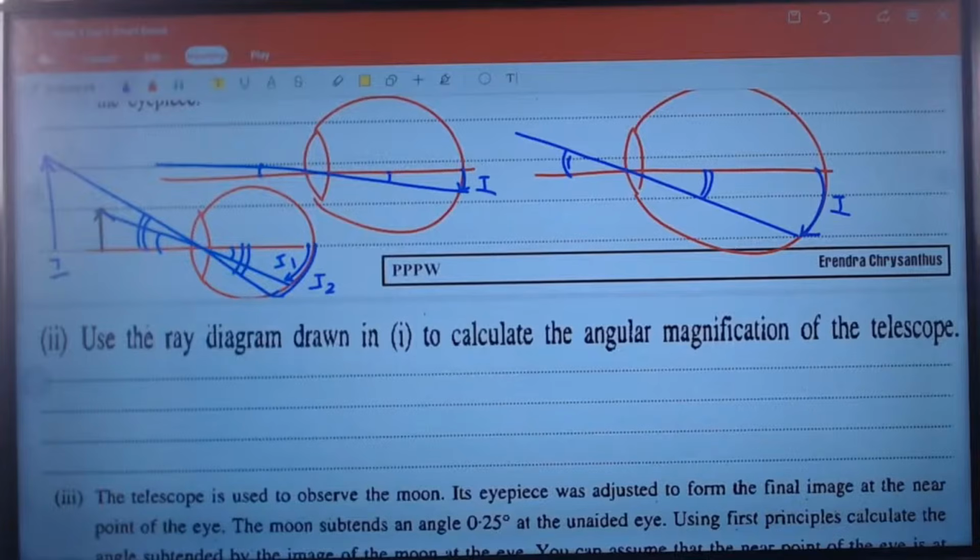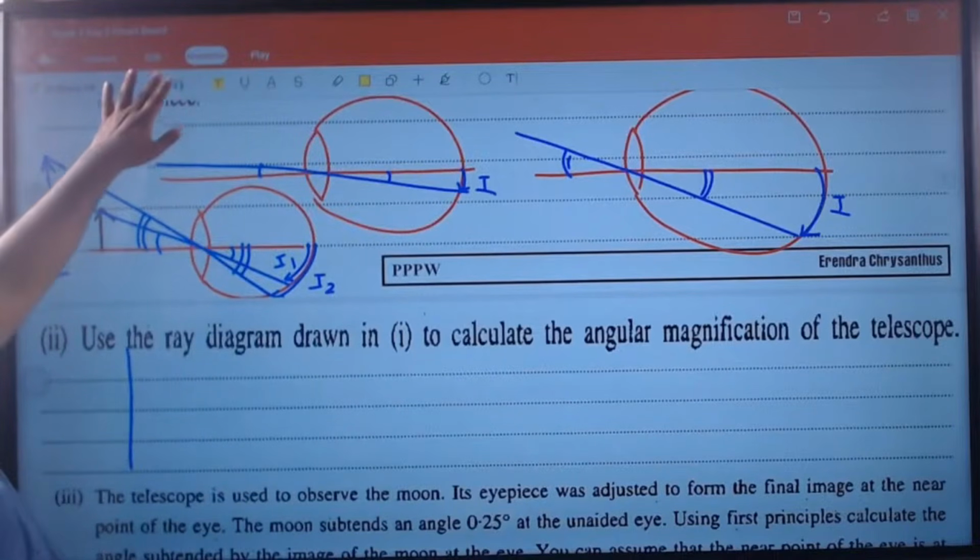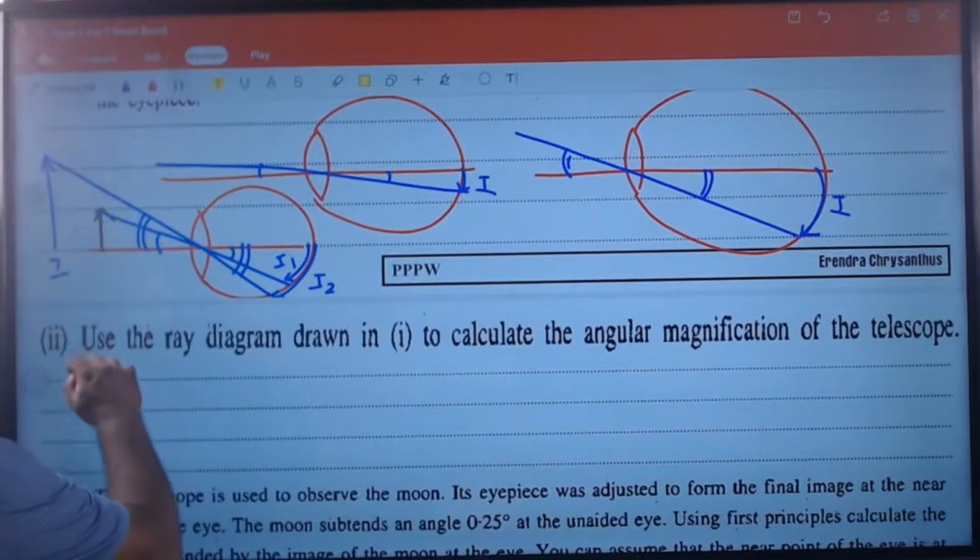Use the ray diagram drawn in Roman 1. Now you must draw this up, which means you must draw the ray diagram. I'll draw it for you.